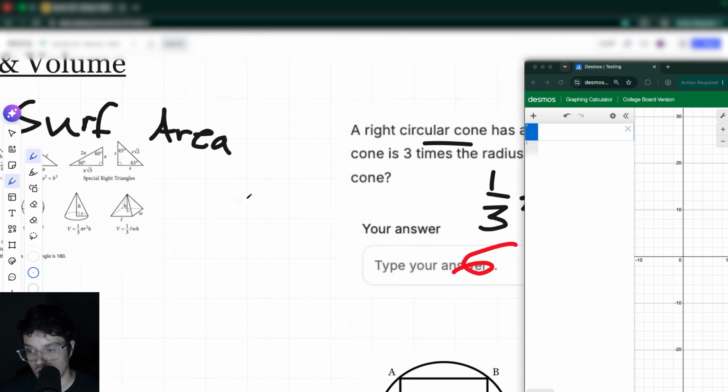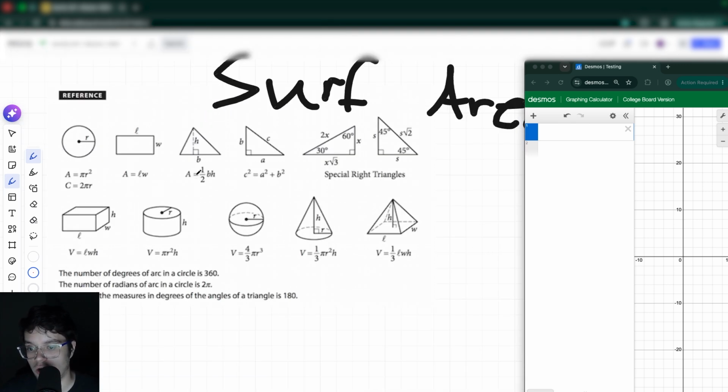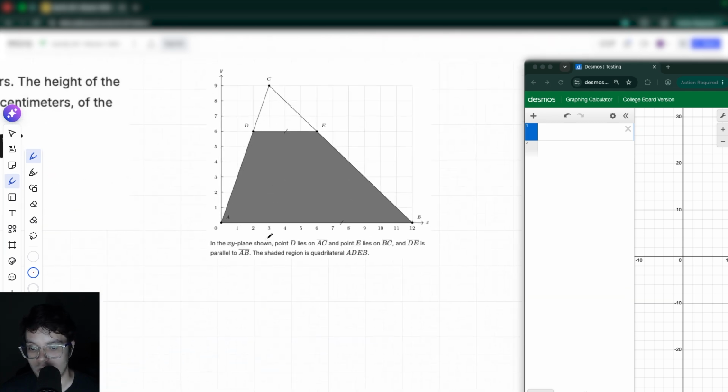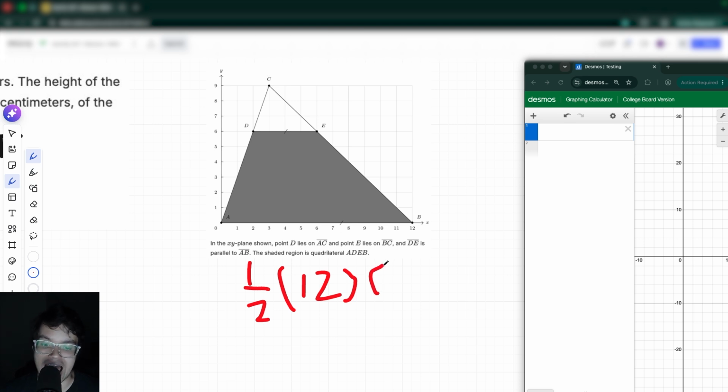So if I was to go back here again, what is the area of a triangle? It's 1/2 base times height, with base being this thing at the bottom, height being from the bottom to the top. So if I was to write it for this triangle here, we could say 1/2, and then the base of this bigger triangle, we go 1 to 12, so 12. And then the height of it, we would just look at this point of the triangle and then go straight down. So we can see here, this would be 9, so just 1/2, 12, 9.